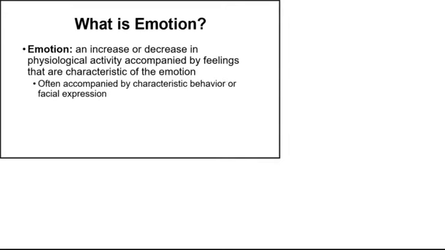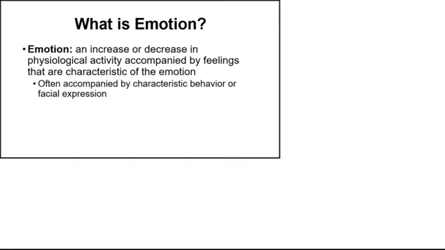But we start off with our usual definition. So if we're looking at emotion, how do we define emotion? And the textbook does a great job explaining that it's really hard to put a solid definition on emotion. They even go so far as to say that we all know what emotion is until we have to put it into words.